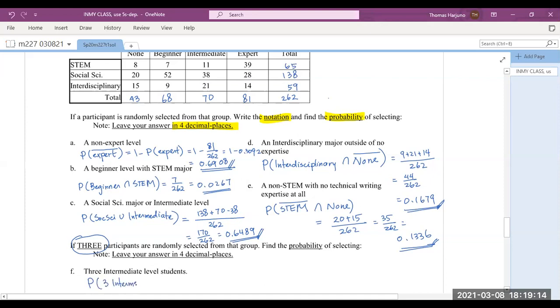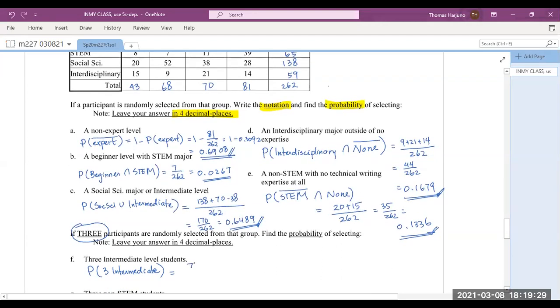You don't need to write the notation, just go ahead with computation. 3 participants from intermediate level. How many intermediate students? There are 70, right? But you need 3 of them. So 70 over 262 times 69 over 261 times 68 over 260.